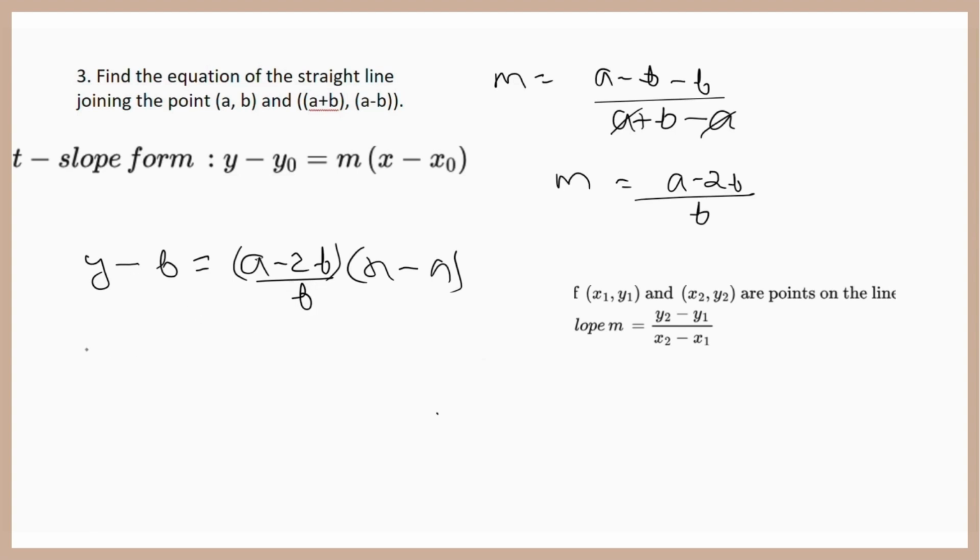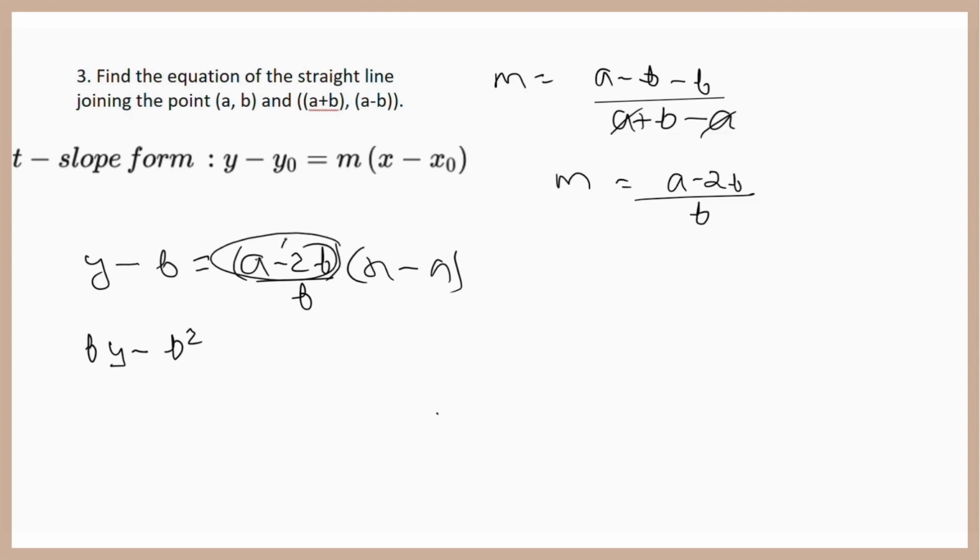So on the left hand side, b times y minus b multiplied by b is b square. And if you multiply this with x, it results to give you a minus 2b times x, and this multiplied by this, that is minus a, gives minus a square, and this multiplied by this is positive 2ab.